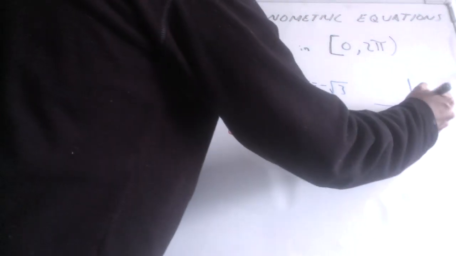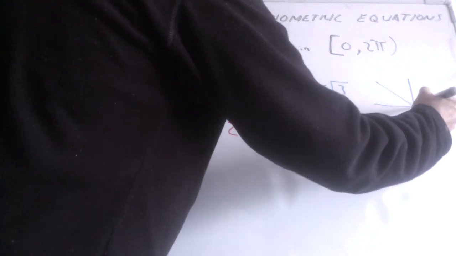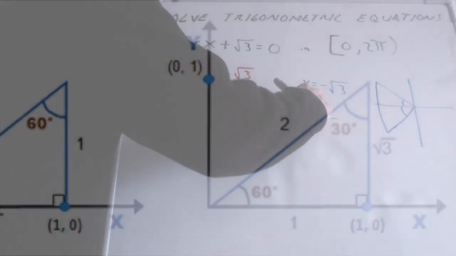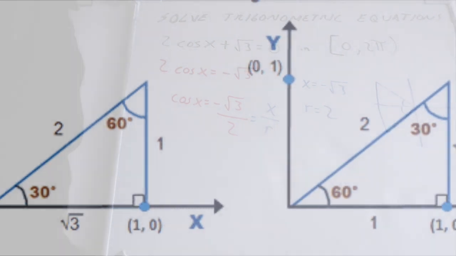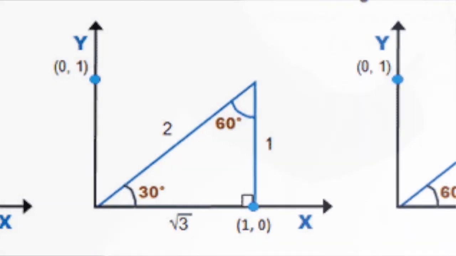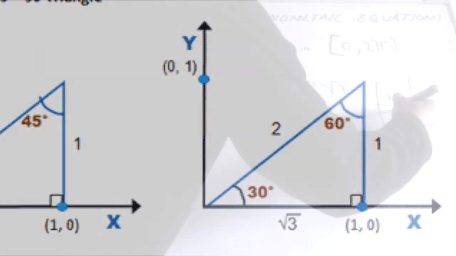X is going to be negative in quadrants 2 and 3. Now I have to look for the triangle that has x as square root of 3 and r as 2. And that's my triangle of 30 degrees.